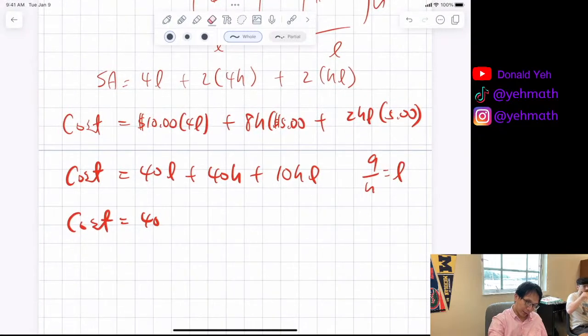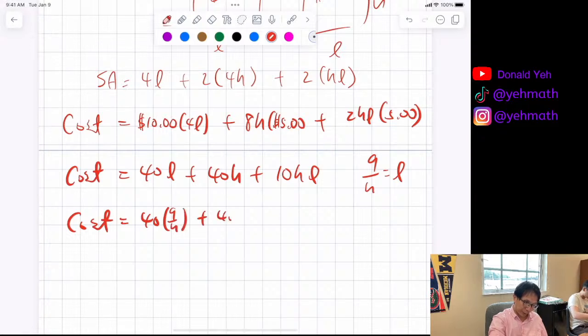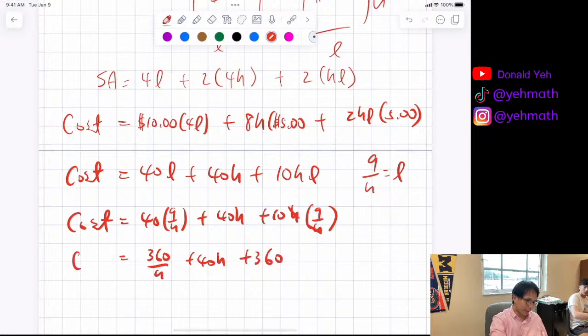So that's going to be 9 over H plus 40H plus 10HL, where L is 9 over H. So this H cancels out. So that's equal to 360 over H plus 40H plus 360. Now, why is that good?